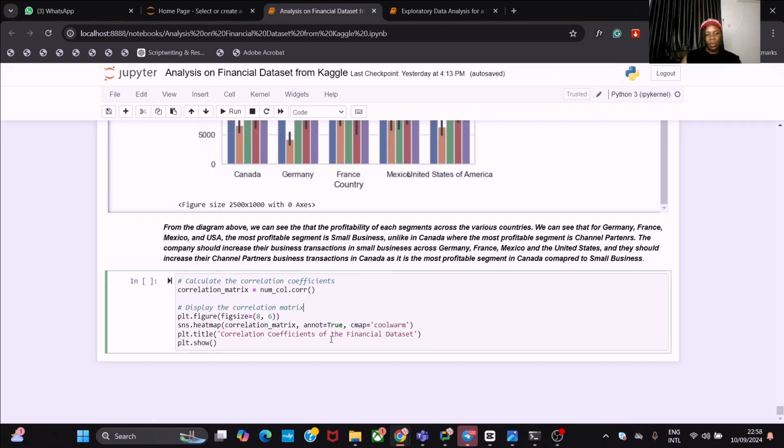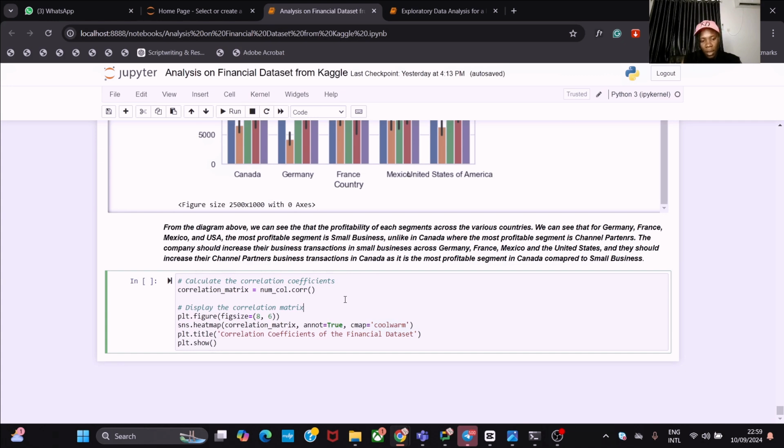So the last thing we are going to be looking at today on the course of this project building is the correlation coefficients. All right. I actually have plans of making a video on heat maps, where I'll be explaining what a heat map is, how you can read a heat map, and how you can use it to study and understand the relationship between your variables.